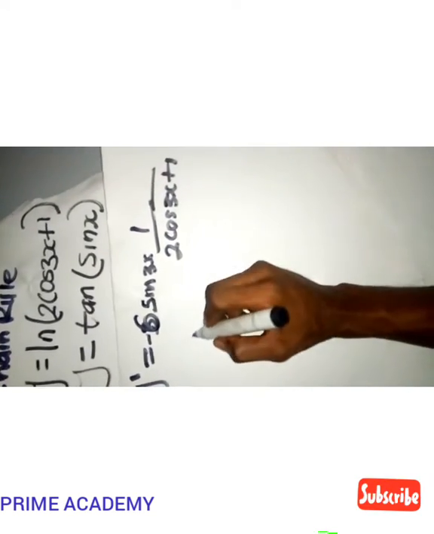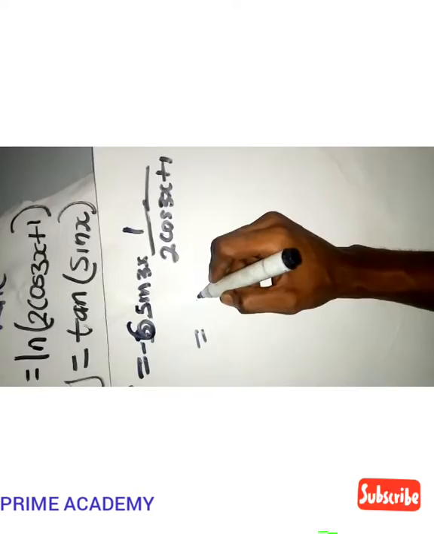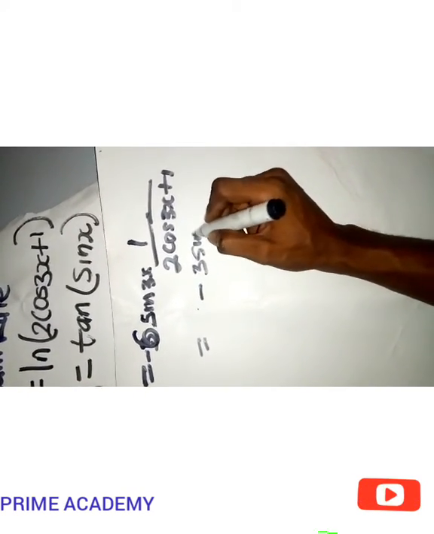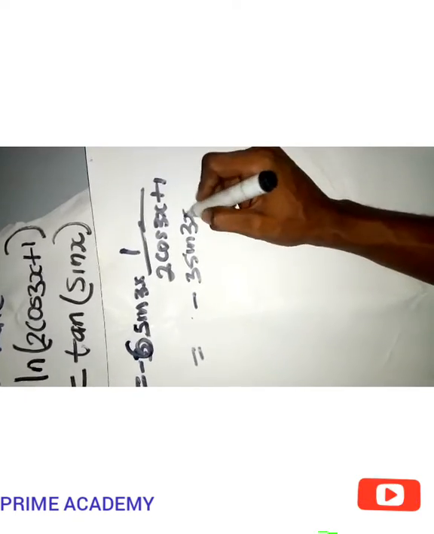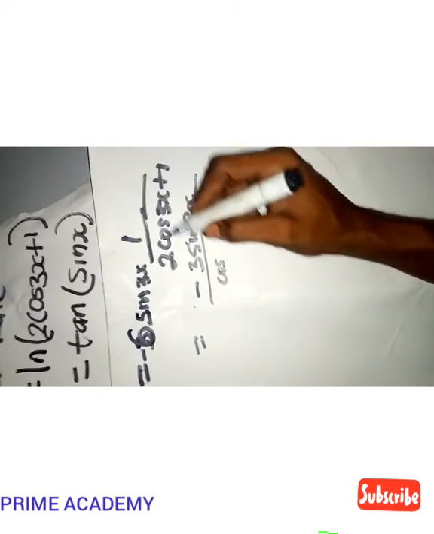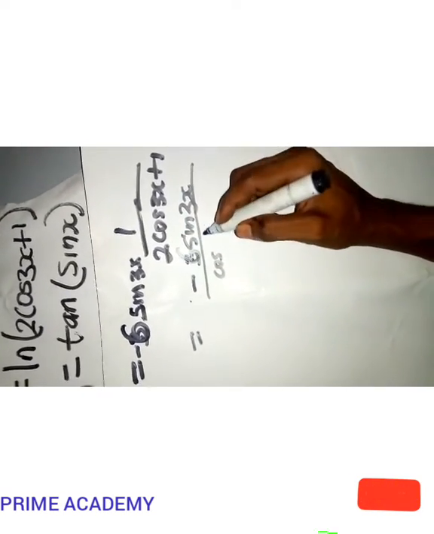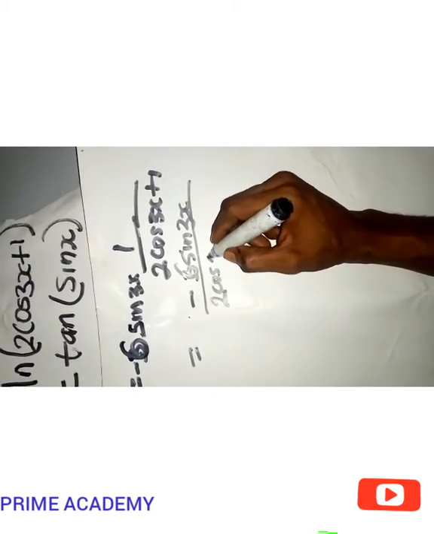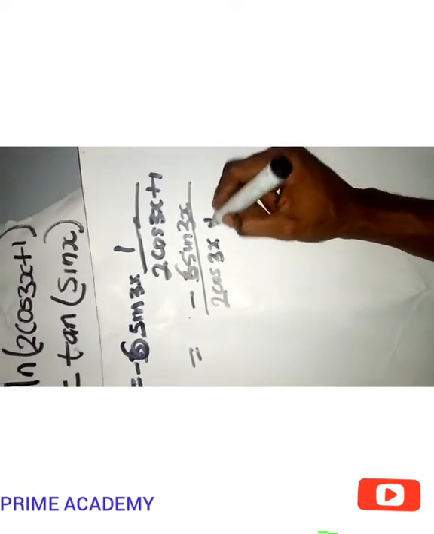So we can write this as minus 6 sine 3x over 2 cos 3x plus 1. So this is what we have from that first function.